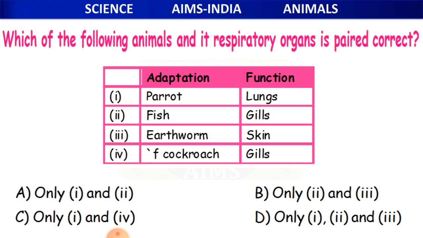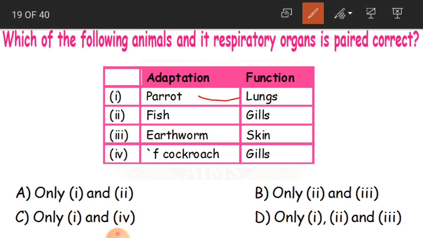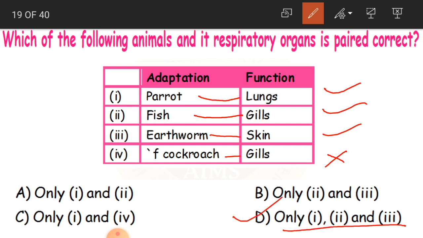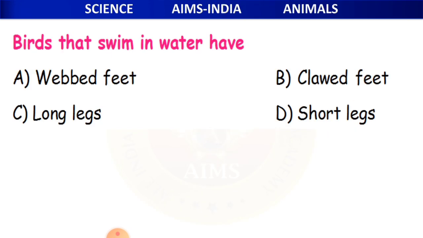Parrot, lungs: this is correct. Fish breathe with gills: this is also correct. Earthworm, through skin: this is also correct. And what is left over? Cockroach with gills: this is wrong. So 1, 2 and 3 are paired correctly, that is D option is the correct answer.